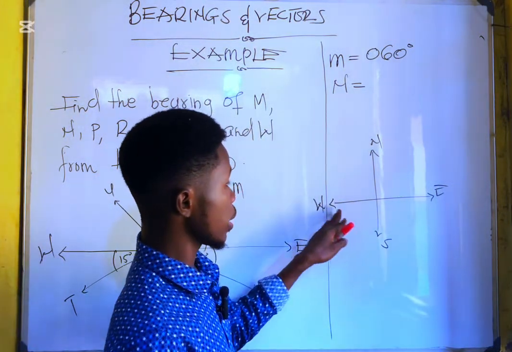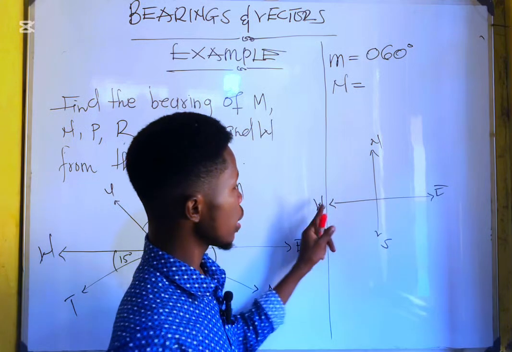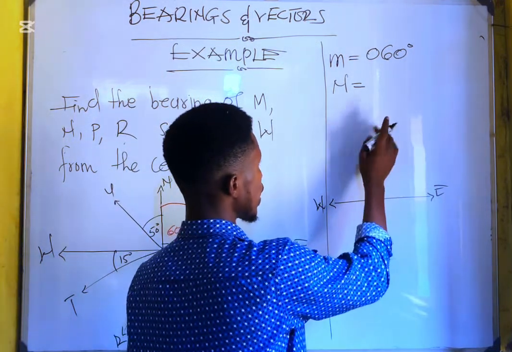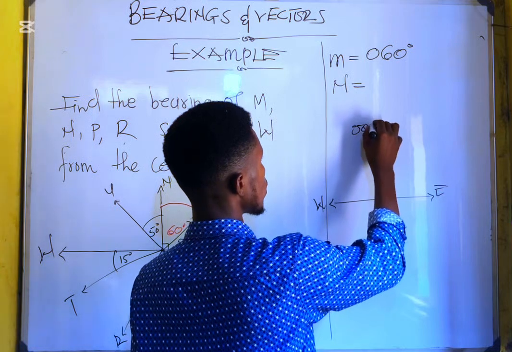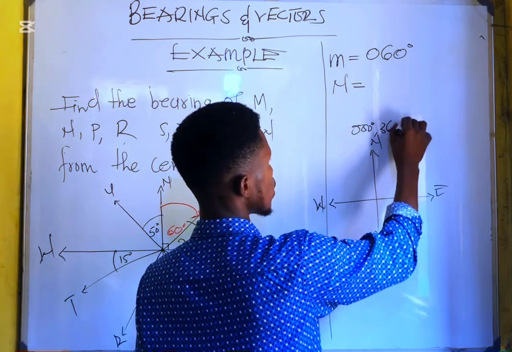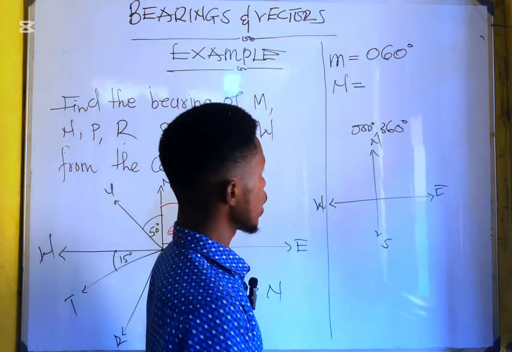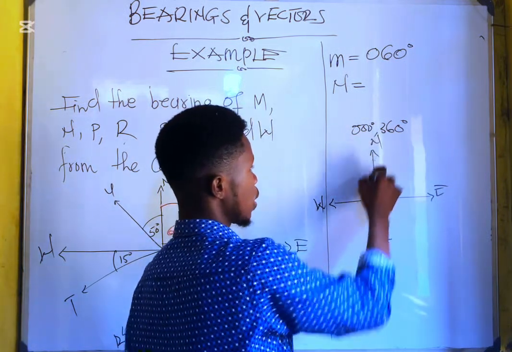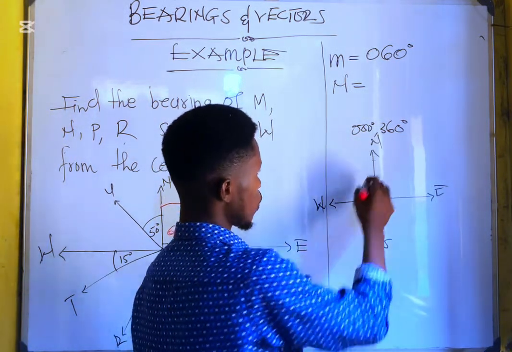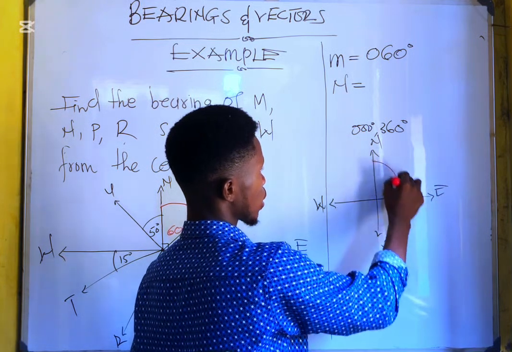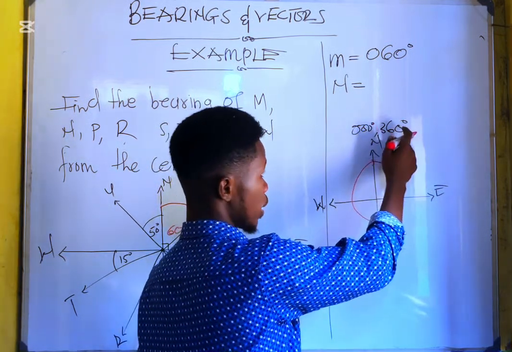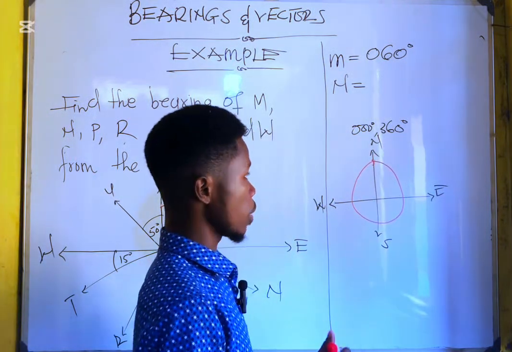If you forgot this side, just say W-E, we, so that you will not forget. Always, here is 0 degrees or 360 degrees, depending. That's the starting point and the ending point. Because if I start from here in the clockwise direction, I'll start and come and end here. So the starting point is 0 degrees, and when it ends, it's 360 degrees. So it can be any of them.